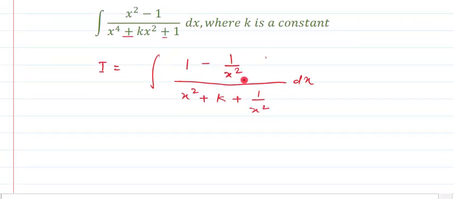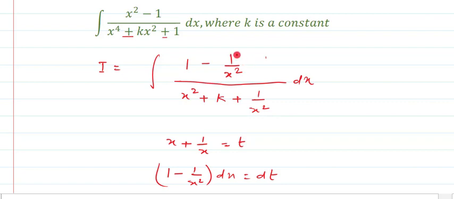Now instead of 1 plus 1 upon x square in the numerator, we have 1 minus 1 upon x square. And we know that if we put x plus 1 upon x as t, then its derivative 1 minus 1 upon x square dx is equal to dt.